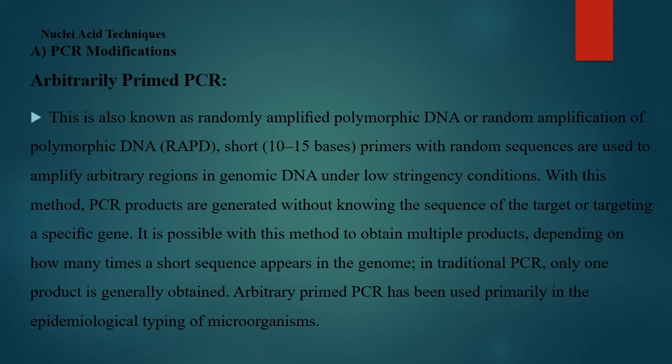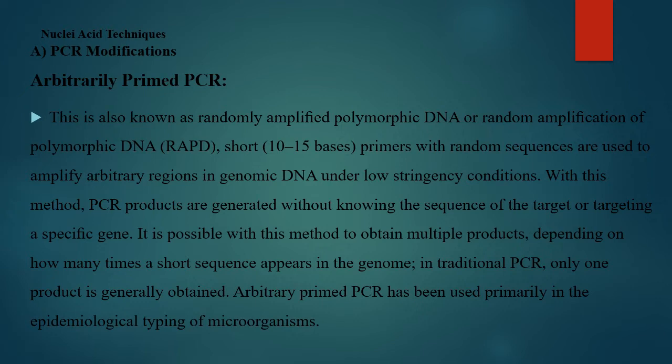Then we can be talking about arbitrarily primed PCR. Now this is also known as randomly amplified polymorphic DNA or random amplification of polymorphic DNA, RAPD. Now short primers with random sequences are used to amplify arbitrary regions in the genomic DNA under low stringency conditions.